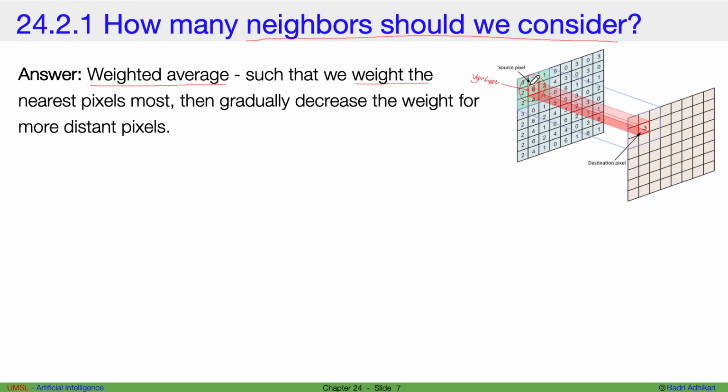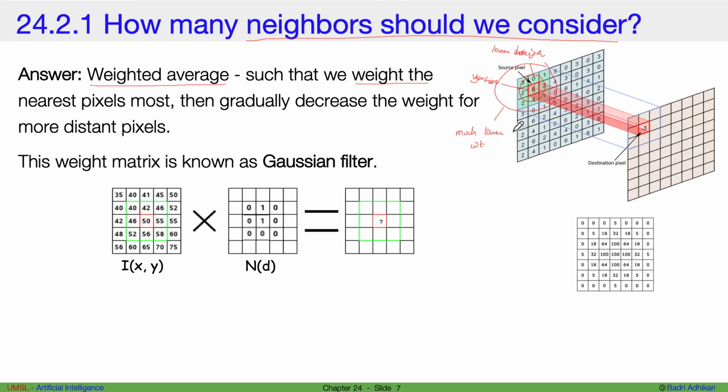The pixels around that have lower weight, and the pixels further around have much lower weight. And this weight matrix, that weights the center pixel very high, pixels around that slightly lower, and the pixels around that much lower, is known as a Gaussian filter.